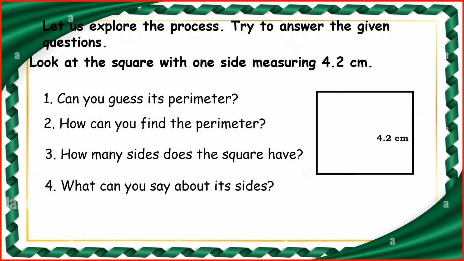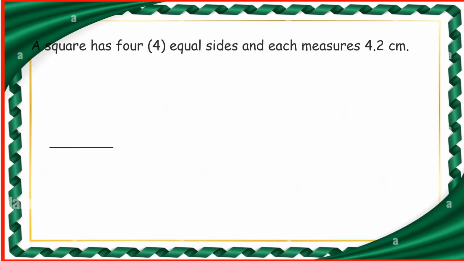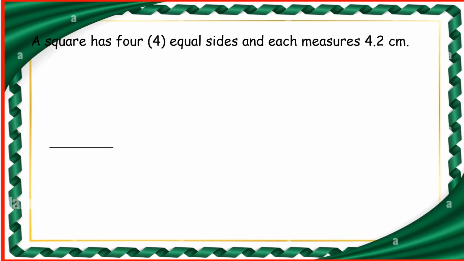And what can you say about its sides? The square has 4 equal sides. A square has 4 equal sides and each measures 4.2 centimeters.